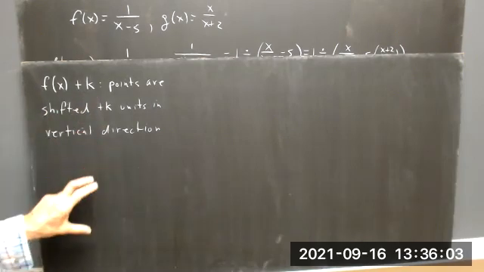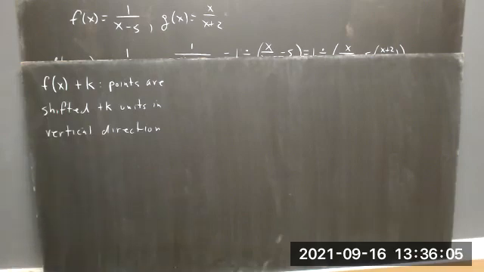Now, if k happens to be negative, of course, you're going to get a negative shift in the vertical direction.